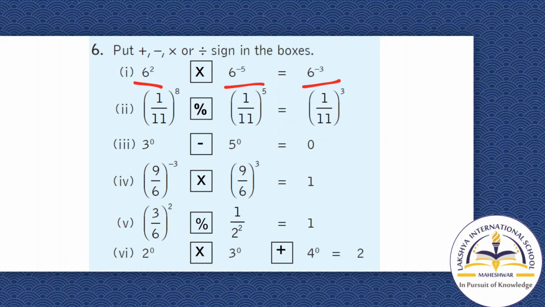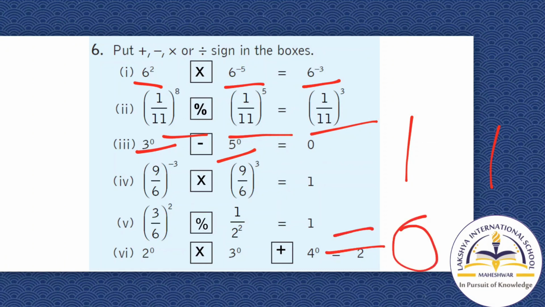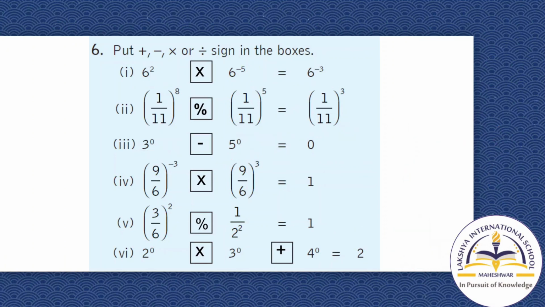Now you can see the powers will get subtracted in the second question. 1 by 11 to the power 8, and here it is 5. So when we do 8 minus 5, then only we will get 3 in the RHS. So there will be a division sign. Now 1 and 1, and then we have to find the answer 0. So which sign will we use? Minus. So like this, solve this.